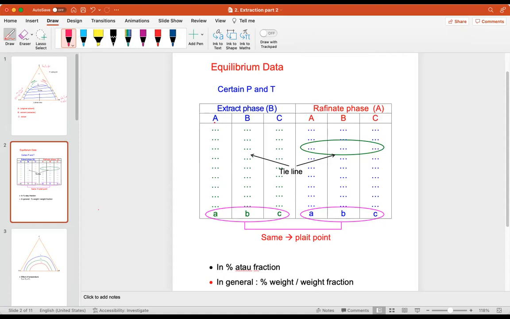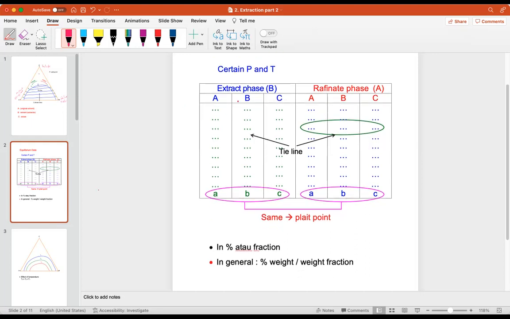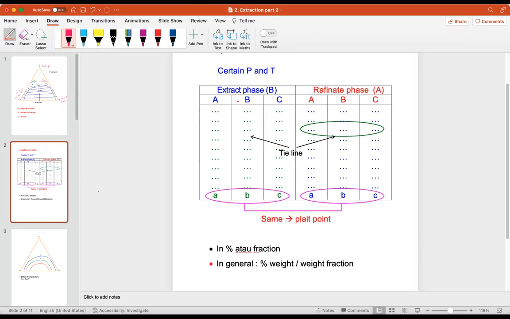From A, B, C, you can find one point in this triangle diagram, and the raffinate as well, you can put it in the diagram, and then make a line from the extract to the raffinate, and that is your tie line. Usually, because we use it a lot in practice, we use weight fraction. We're not using mole fraction, but weight fraction.